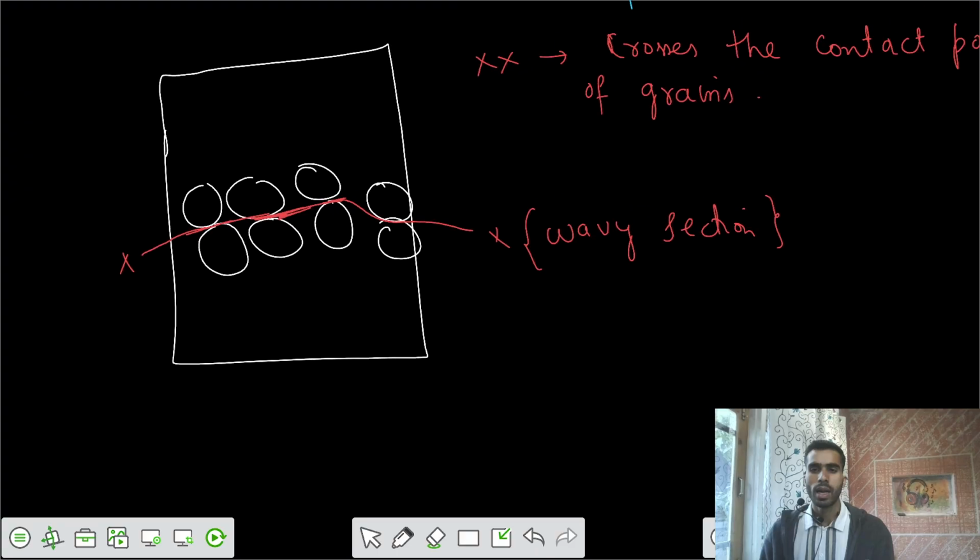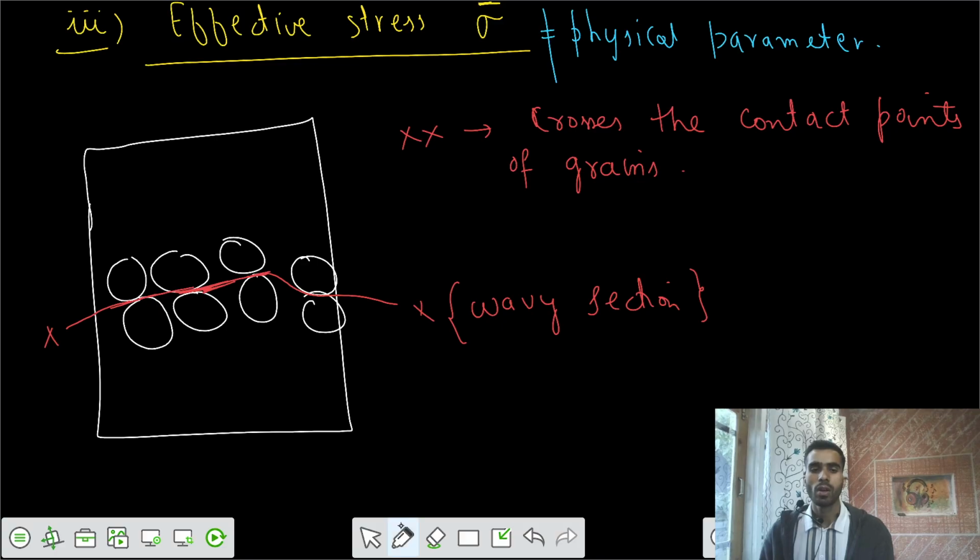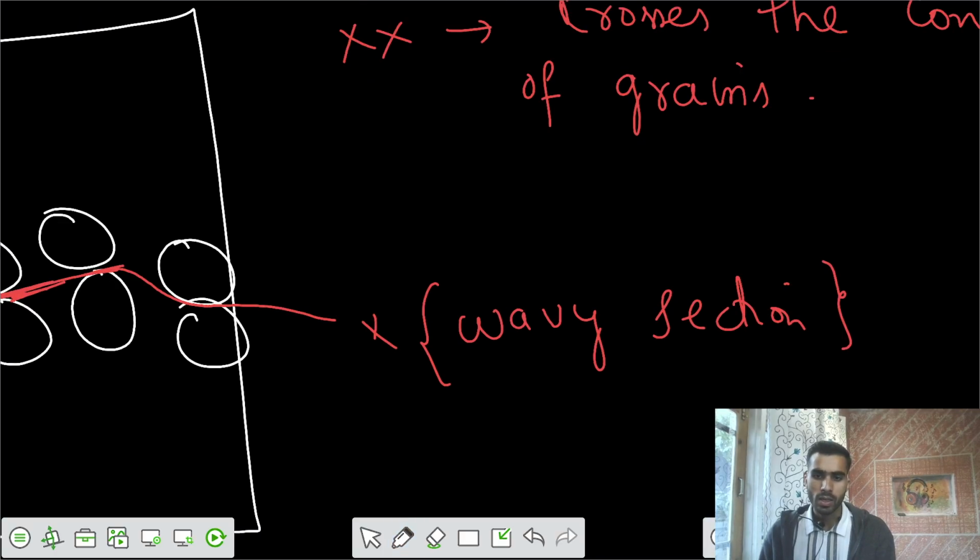We are going to talk about the contact force and the contact stress. So effective stress is somewhat about the contact forces of the soil solids. Let's say there's some contact force between the particles.